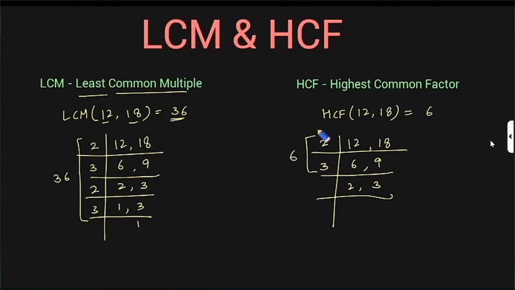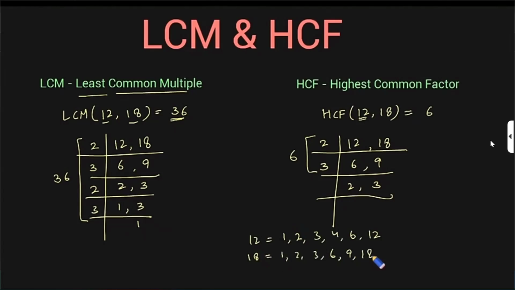The HCF is either equal to or less than the given numbers. Like for 12, if we take the factors of 12, all are less than or equal to it: 1, 2, 3, 4, 6, and then 12. And the factors of 18 are 1, 2, 3, 6, 9, and 18.